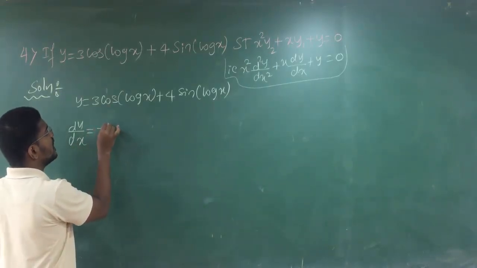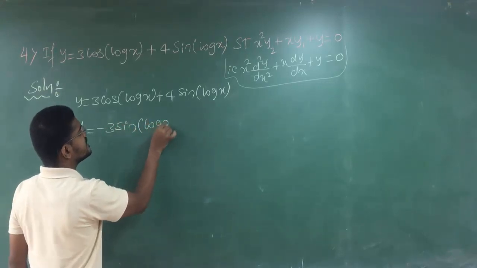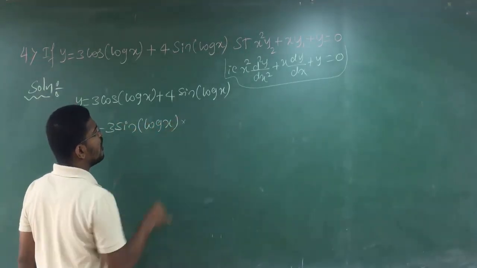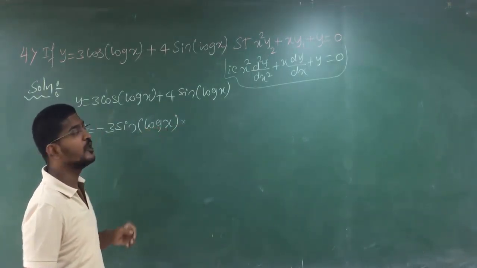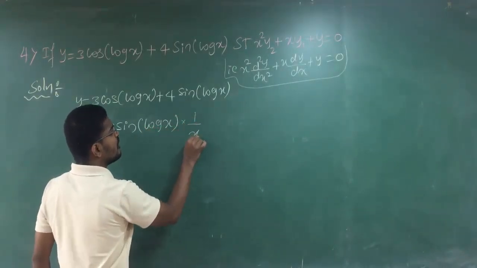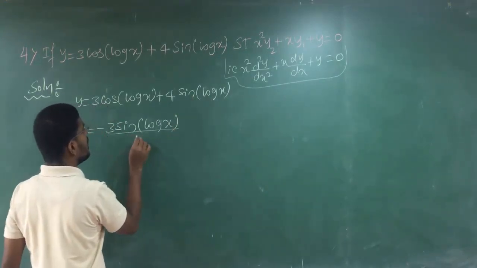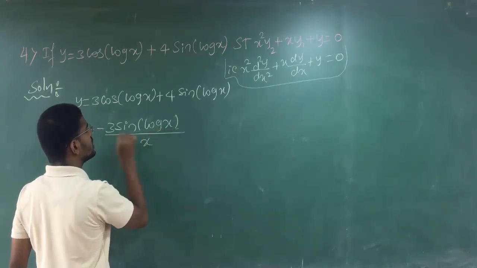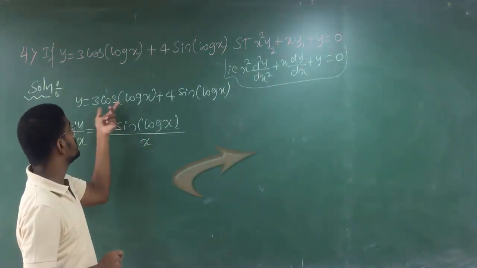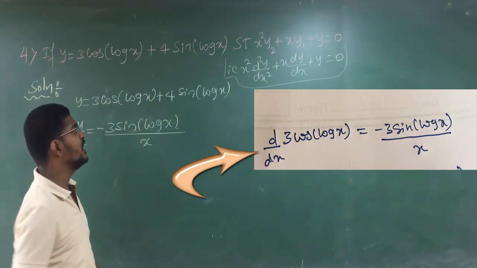So it will be minus 3 sine of log x multiplied with what? Differentiation of log x. What is differentiation of log x? That is 1 by x. I will write it as divided by x. Clear? So differentiation of 3 cos log x is minus 3 sin of log x divided by x.